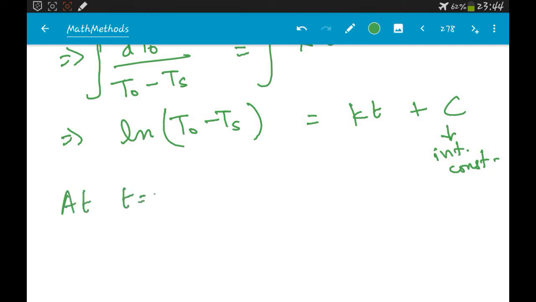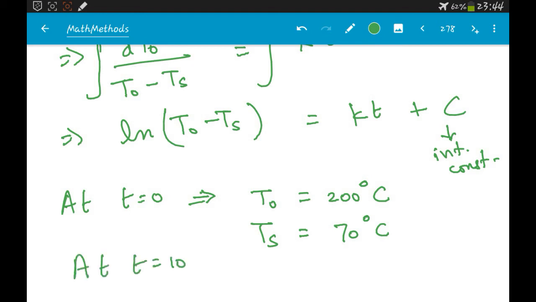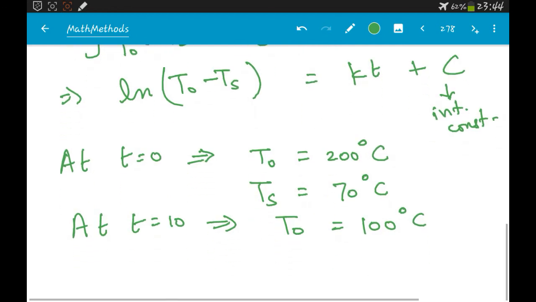So at t equal to 0, T0 was 200 degrees Celsius, and Ts was 70 degrees Celsius, and at t equal to 10 minutes, T0 became 100 degrees Celsius.